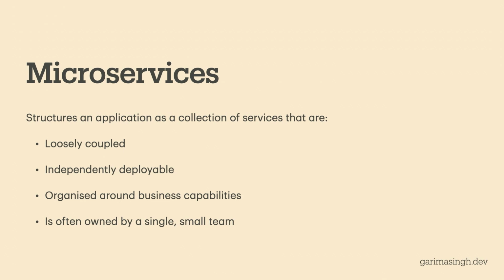They're organized around single business capabilities or domains, exactly how I was explaining the modules in the previous slide. And finally, they're often owned by a single small team so that they can autonomously work and develop this code base. Now, this definition was coined by Martin Fowler from ThoughtWorks.